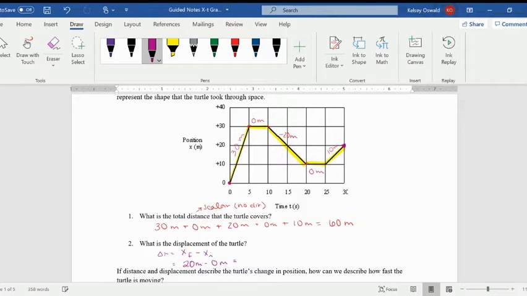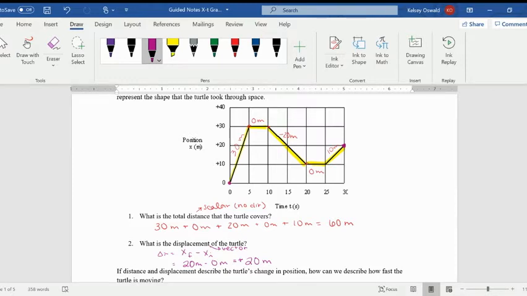Because our ending position is 20 meters ahead of where we started, our total displacement is going to be 20 meters. And since this is displacement, it's a vector, so we want to include direction. So we're going to say this is a positive 20. He traveled 20 meters in the positive direction.